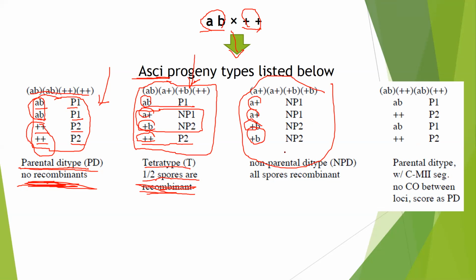So if you generate a large sample size for this test cross, you're going to see a very small number of ascus carrying this genotype, because this is very rare. This type has a name, non-parental type, and all the spores, all the progeny within this ascus, will be recombinant.